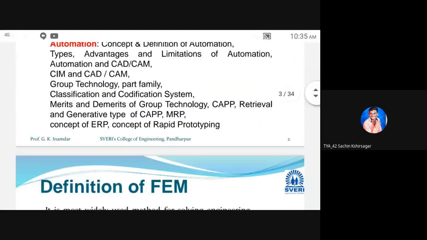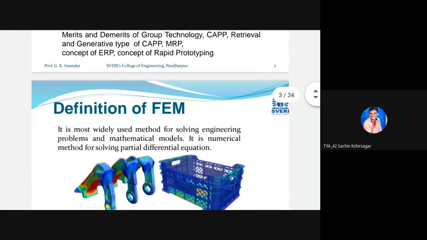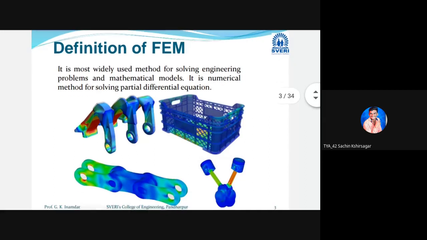So what is FEA? The definition of FEA. It is the most widely used method for solving engineering problems and mathematical models.